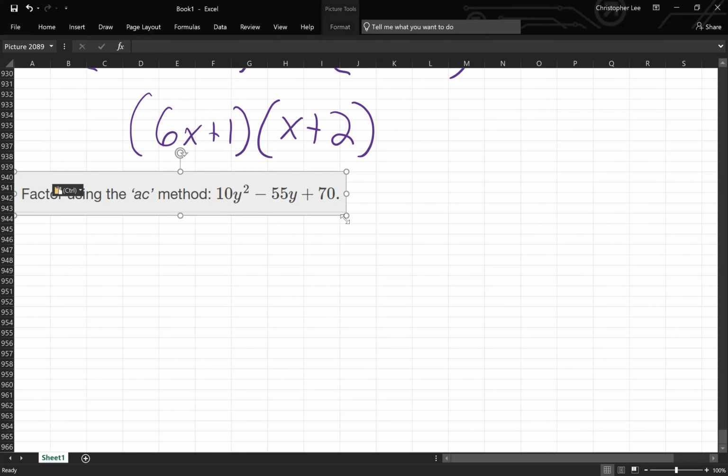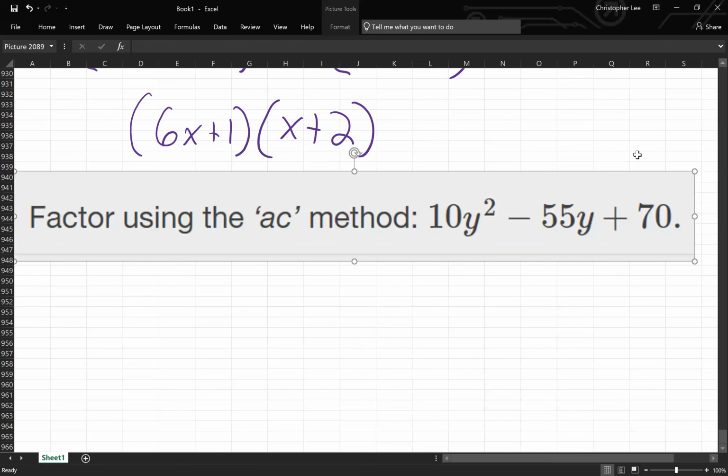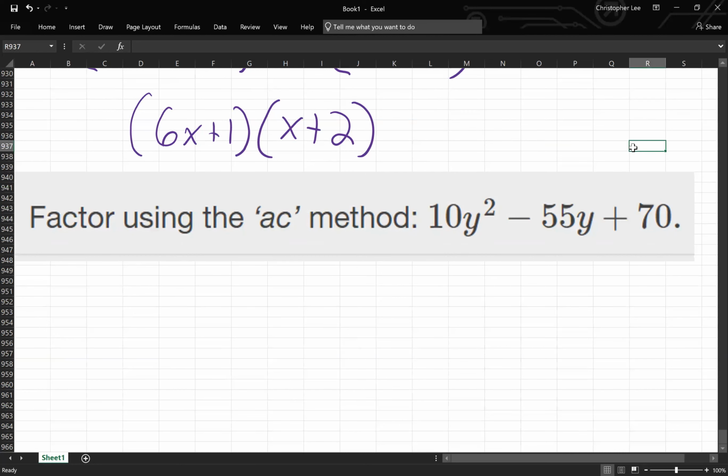How about this one? What should I do first here? What do I always look for first? Greatest common factor. What is it? 5, right? So I'm going to factor 5 out here.